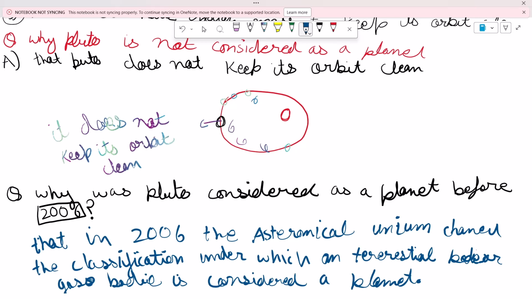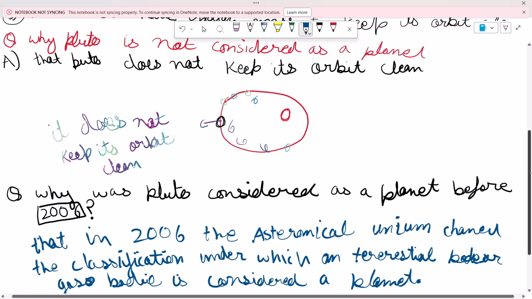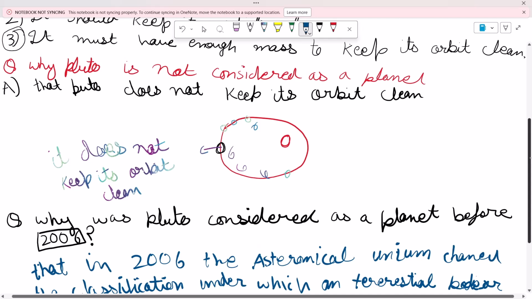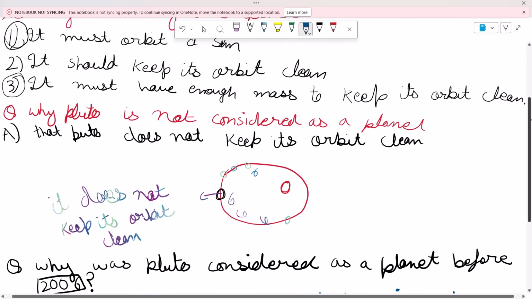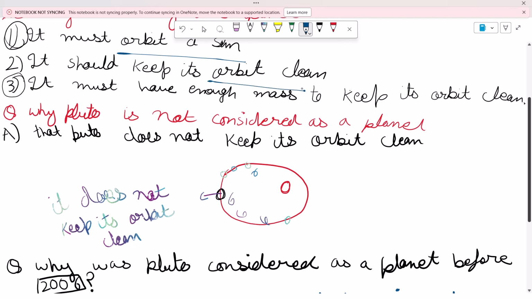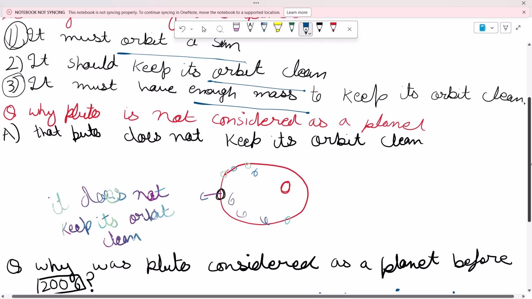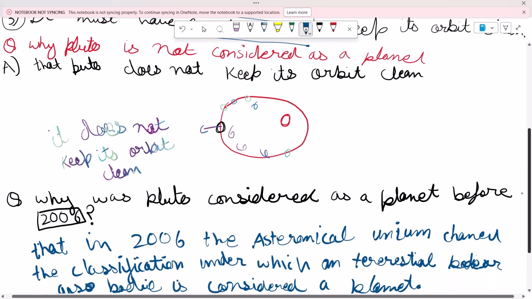Therefore, from that time Pluto is not considered a planet, because under that classification there are three characteristics: the planet must orbit a sun, must keep its orbit clean, and must have enough mass. Pluto fulfills the first and third characteristics, but fails the second.